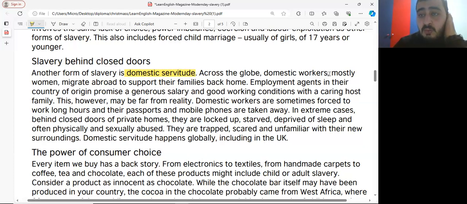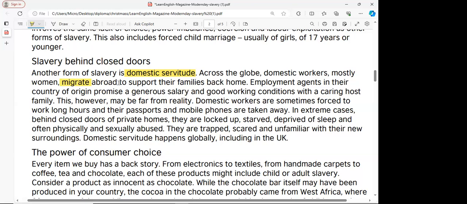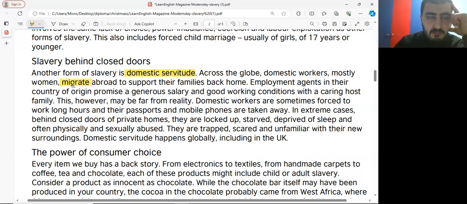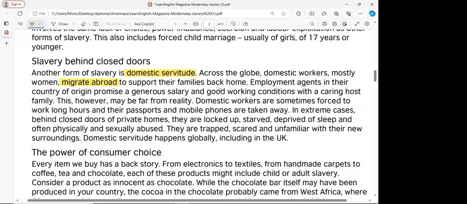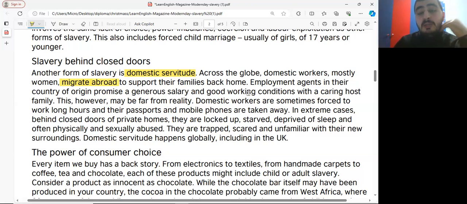Across the globe, domestic workers, mostly women، بالعادة بيكونوا من النساء اللي بيشتغلوا بالبيوت. Migrate abroad. شو يعني migrate؟ زي حالتنا كلنا تقريبا، يهاجر. Abroad إلى الخارج. To support their family back home، حتى يدعموا عائلاتهم.